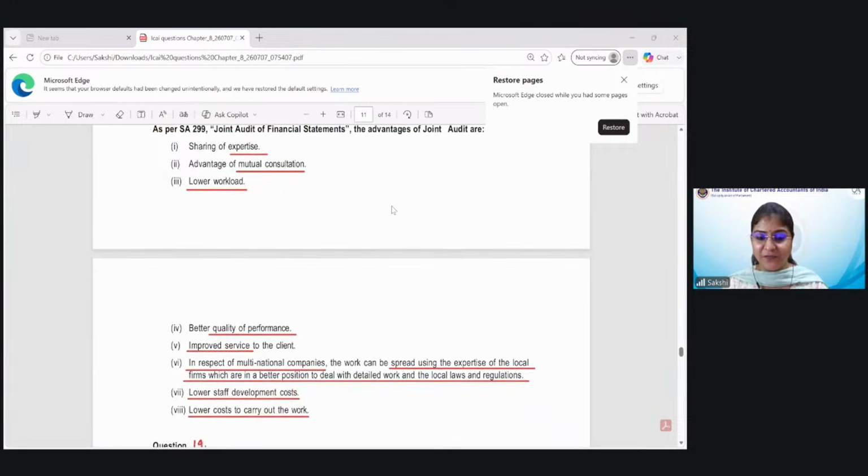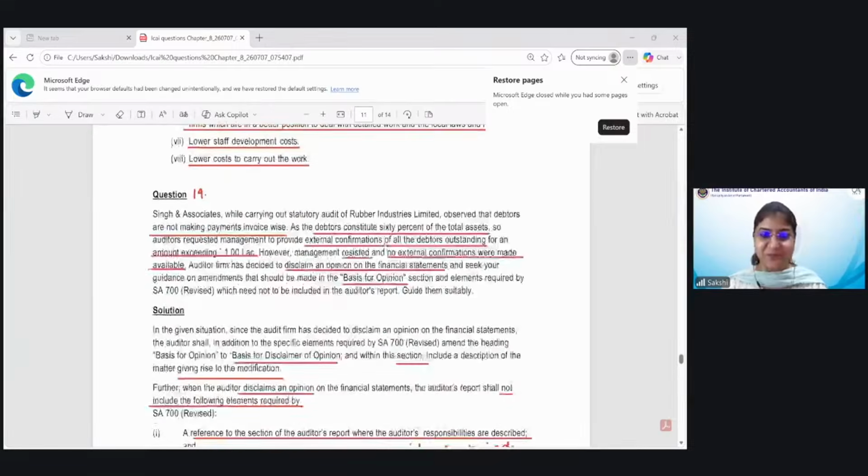Read it yourself. Advantages, read it yourself and see if you have any doubt in any of the points mentioned here. Okay, clear. Good. Next question.